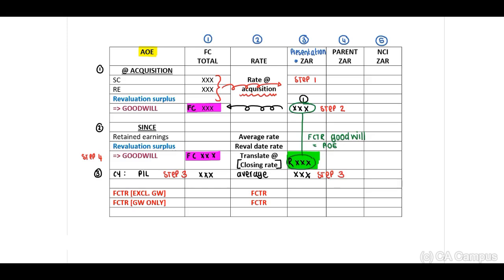Therefore, let's include this being my step 5. You have calculated your total foreign currency, and we now need to translate this to our presentation currency using our closing rate at year end.